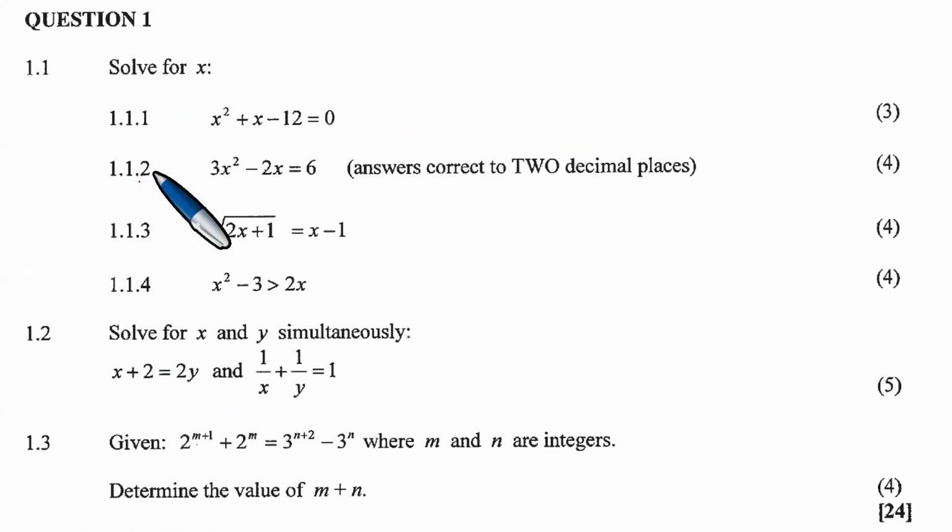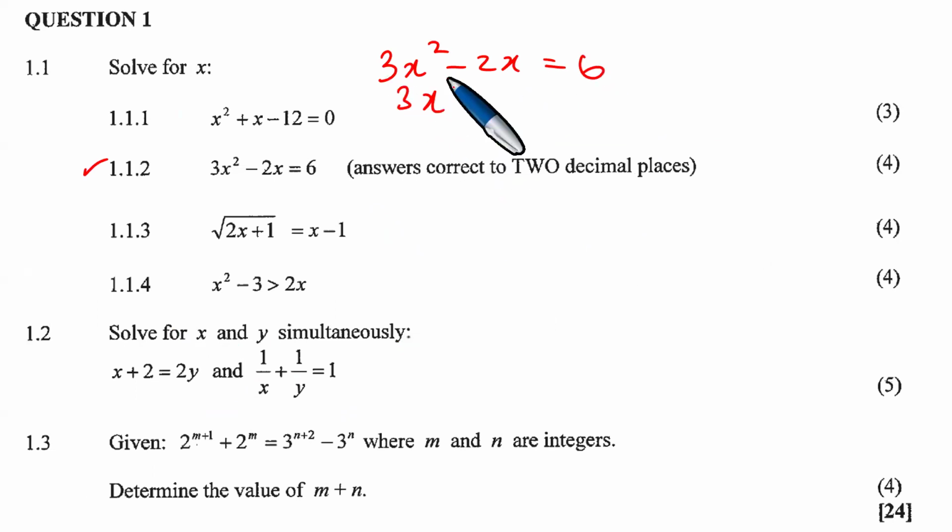Next, we're going to look at 1.1.2. In the second question, we look at the quadratic, to two decimal places: 3x squared minus 2x equals 6. This is 3x squared minus 2x minus 6 equals 0.